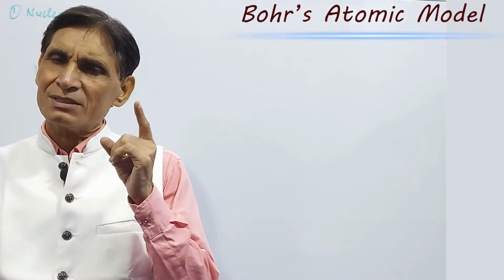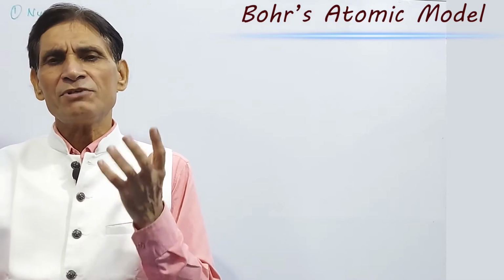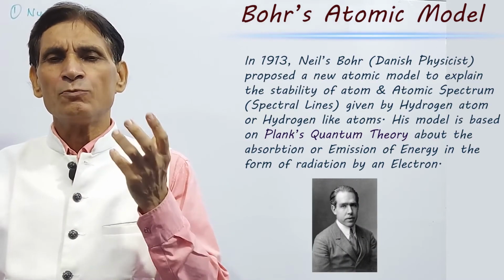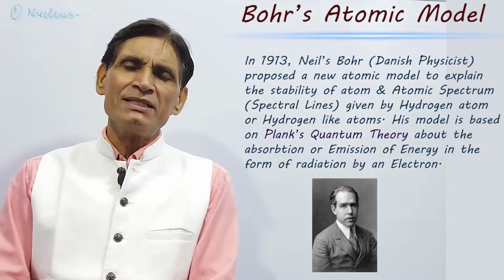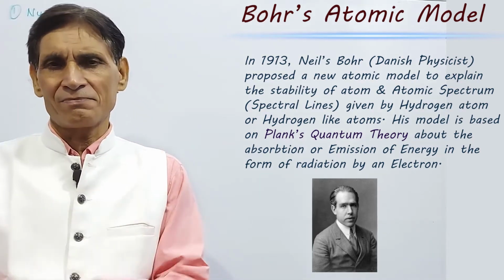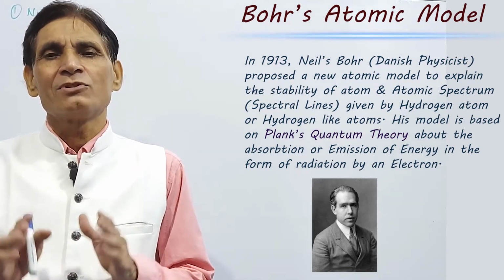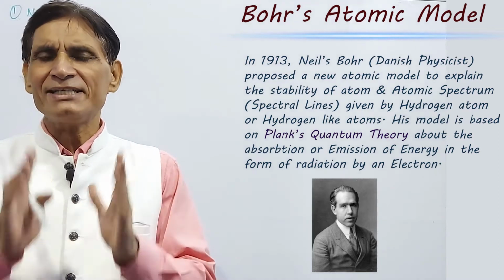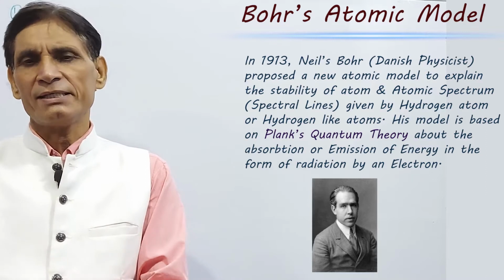Hello students, in this video you will find Bohr's atomic model. In 1913, a Danish physicist Niels Bohr proposed a new atomic model to explain the stability of atom and to explain the atomic spectrum, spectral lines or line spectrum given by hydrogen atom or hydrogen-like atom.